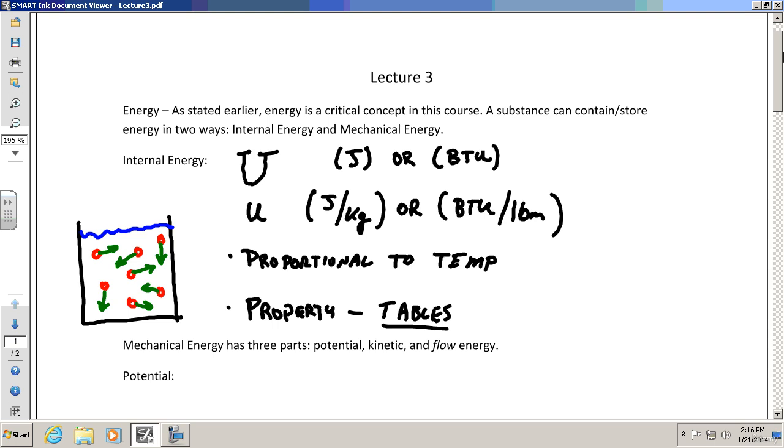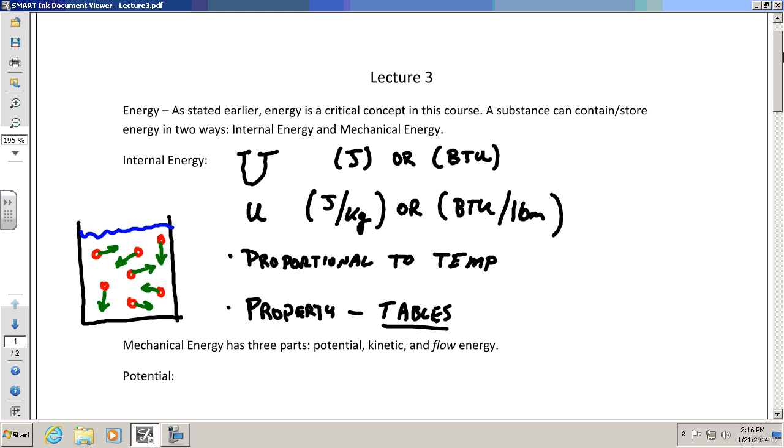Not that you need to do this right now, but if you were to go to the back of your book and look up some of the different tables back there, you can find all sorts of tables that have a little U in them.